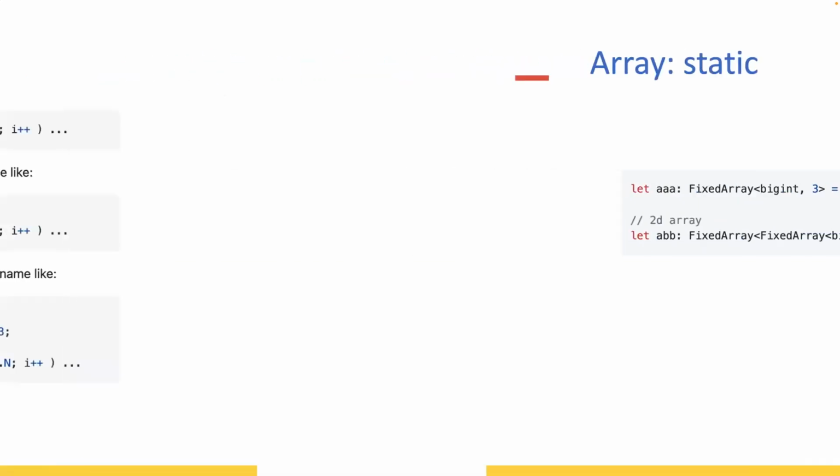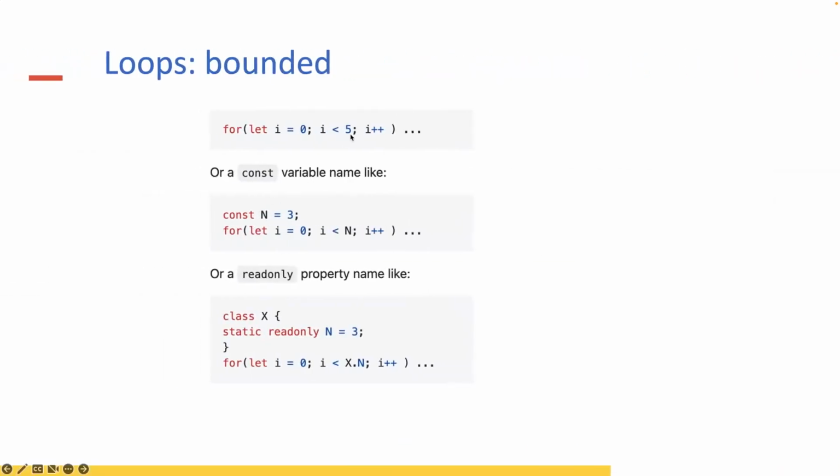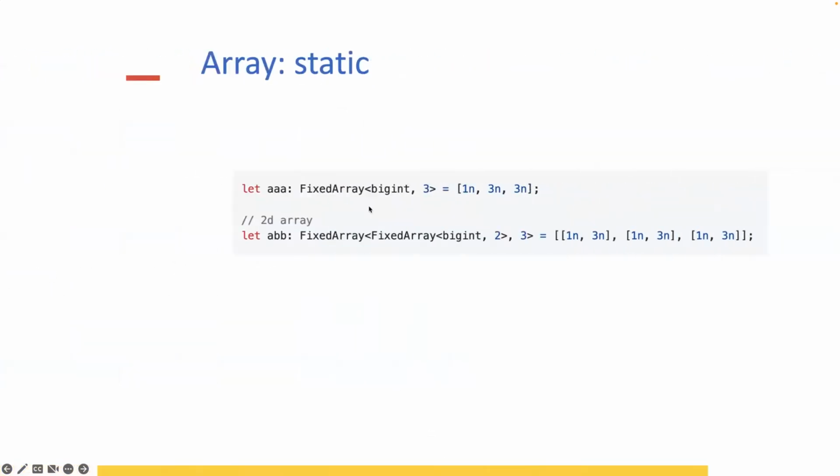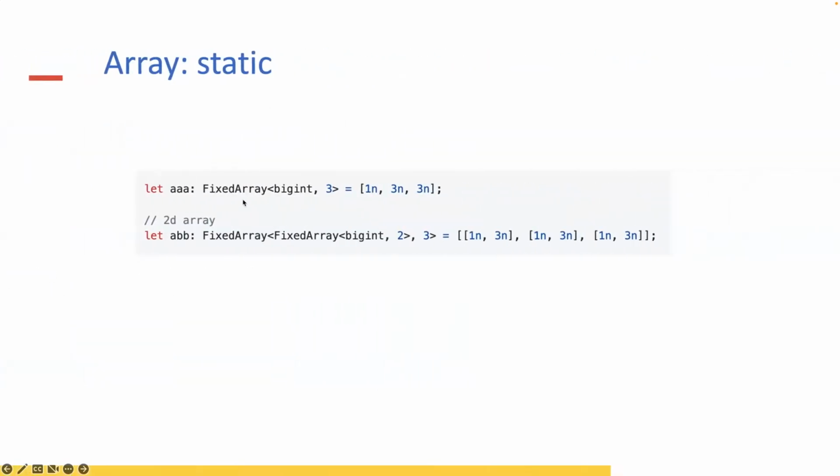You can try it here. If you put a variable that's not known, for example an input number x, and say i smaller than x, when the transpiler kicks in, it will report an error. Same here: if you use a normal array, not a fixed array, it will give you an error message saying this is not allowed in a smart contract context. But you can use it outside, that's no problem.